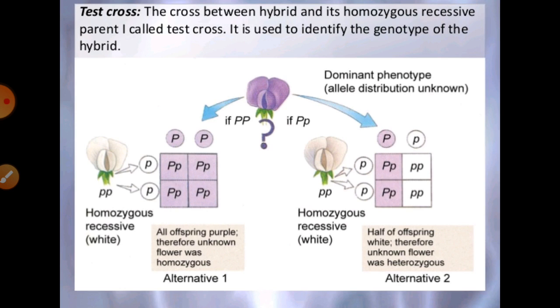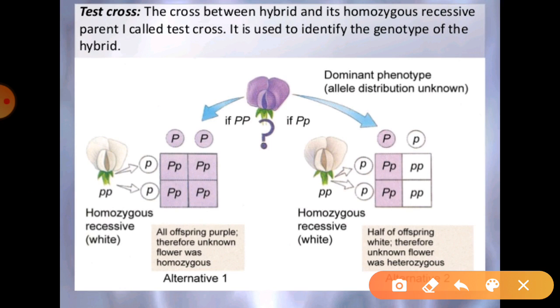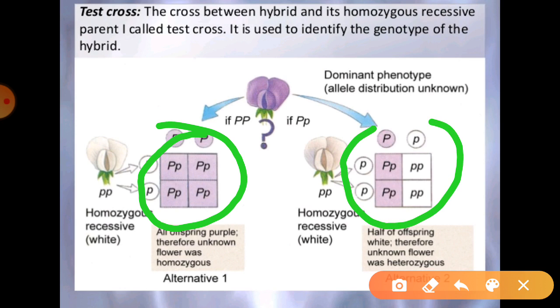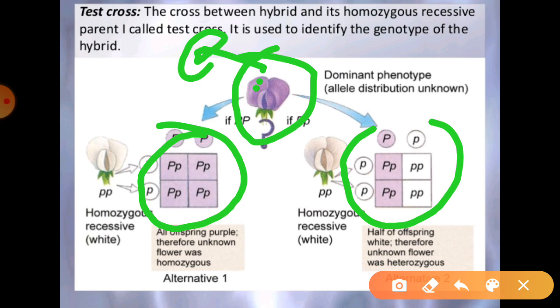So after the crossing, you can see in the diagram here, you will get all purple flowers, but here you will get 50% purple, 50% white. So this stage tells us about the test cross. Maybe we can find that this is a hybrid that contains the white color inside it also. After the segregation, they can be separated out with the help of this test cross. So I think everybody understands this one.